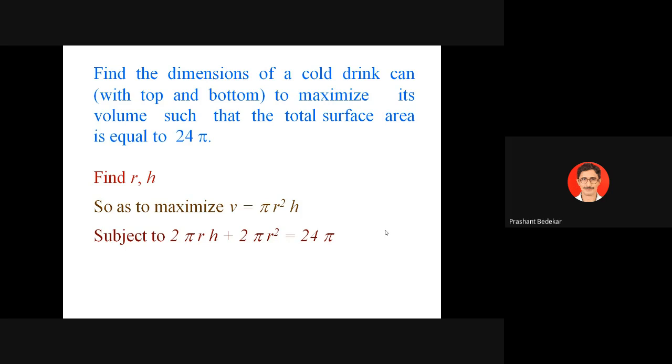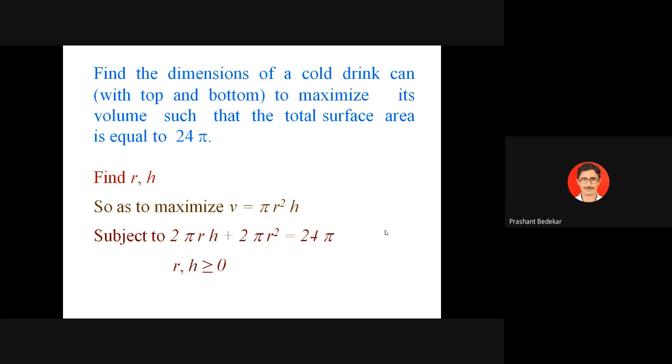Then pi r square is the surface area of the top, because it is written with top and bottom. So pi r square for top and the other pi r square for bottom. So 2 pi r h plus 2 pi r square has to be equal to 24 pi. We have an equality constraint and there is no inequality constraint.